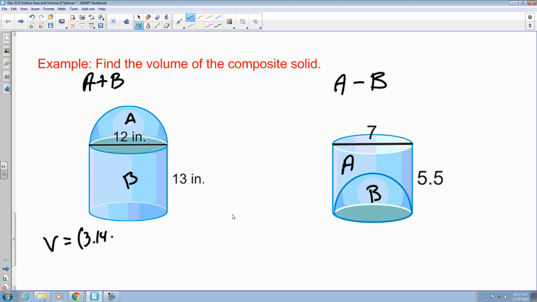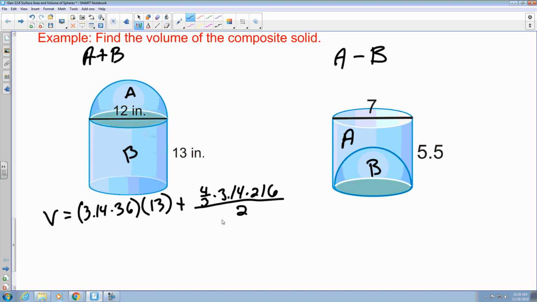R in this case is 6, so 6 squared is 36, times the height, which is 13. Then it's going to be added to the volume of the sphere, which is 4/3 times 3.14 times 6 to the third, which is 216. But remember, it's only half a sphere, so whatever that result is, you're going to divide it by 2.